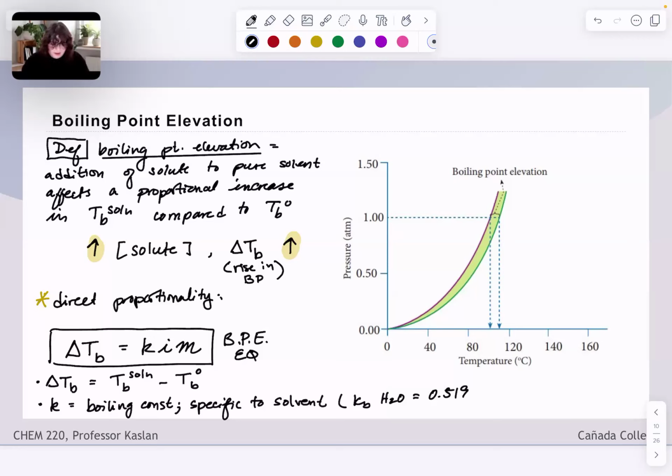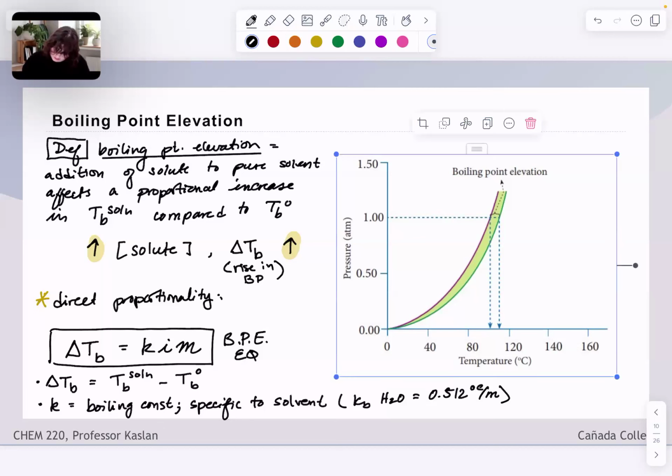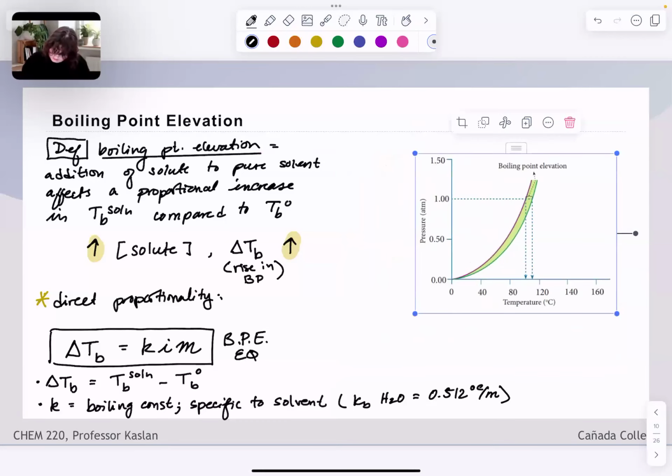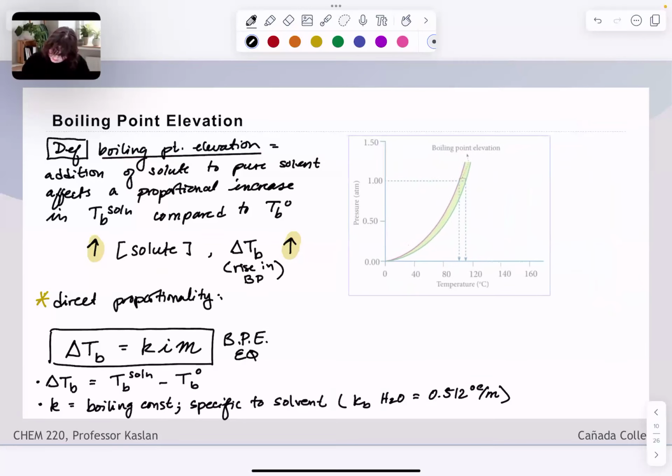I believe that's correct. There's so many constants in chemistry, guys. So boiling constant of water, 0.512, not 519. So 0.512 degrees C per molal. Okay, I'm going to just shrink this guy up. We can look at it in a moment.